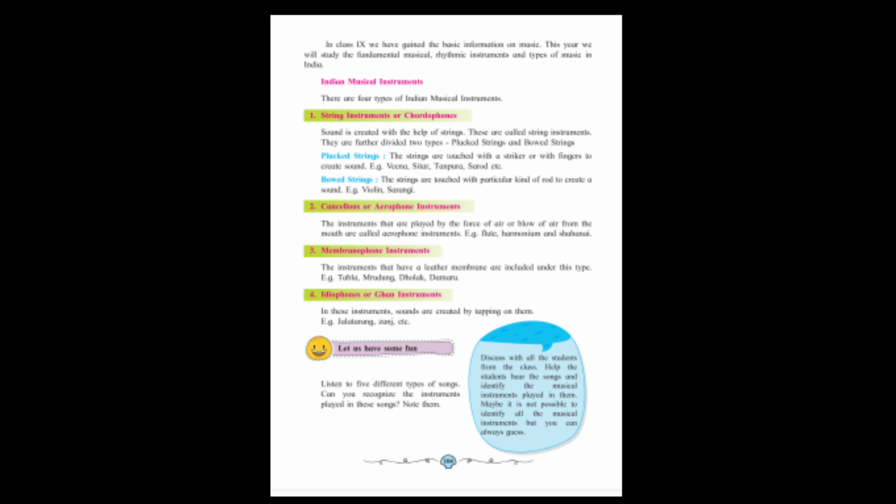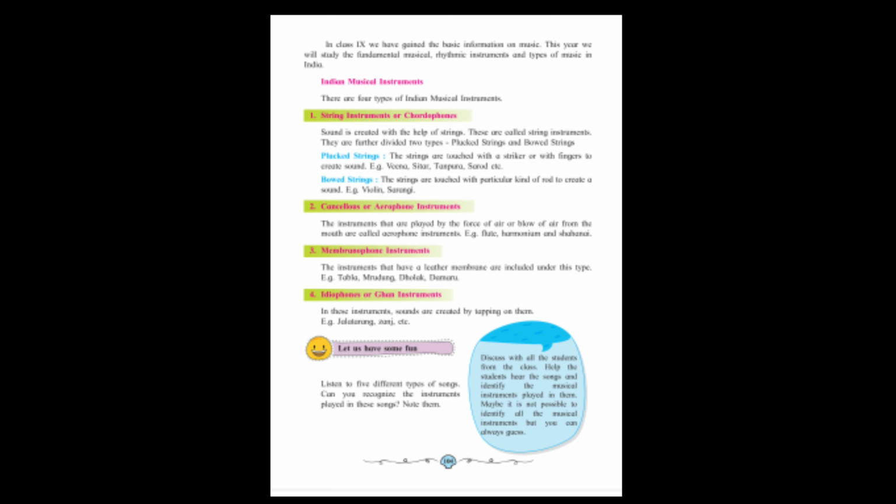Example, violin or sarangi. Wind or aerophone instrument. The instruments that are played by the force of air or blow of air from the mouth are called aerophone instruments. Example, flute, harmonium, and shehnai. Membranophone instrument. The instruments that have leather membranes are included under this type.